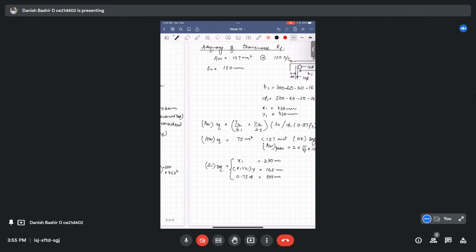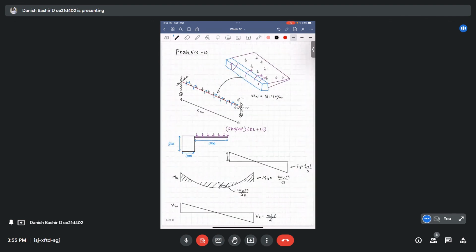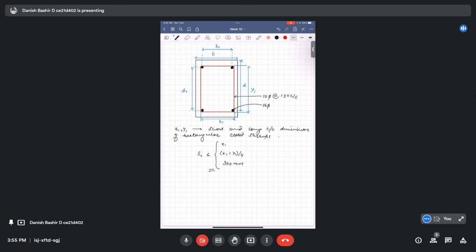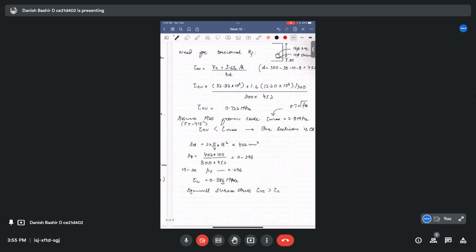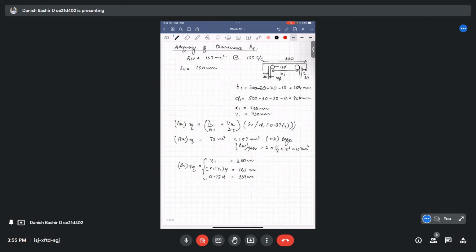And I already told you what we have provided: 150 center to center.